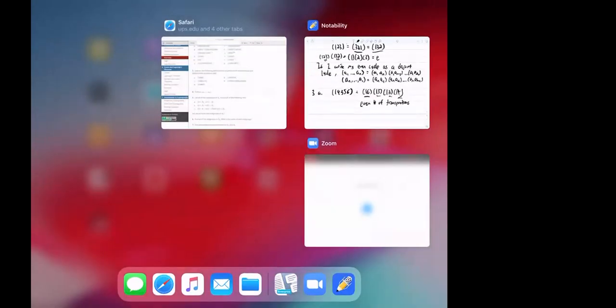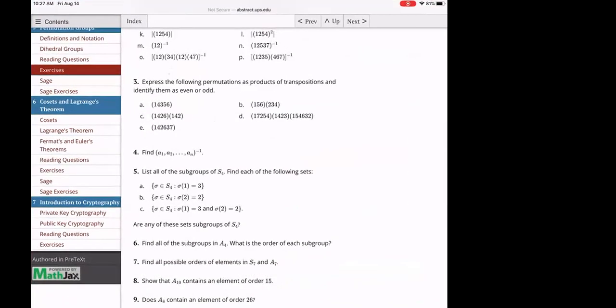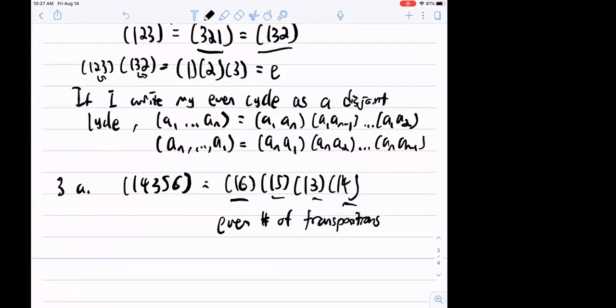So for the second one, you can do the same thing, right? You can do it as you like. So for me, let's do part C, right? 1, 4, 2, 6.